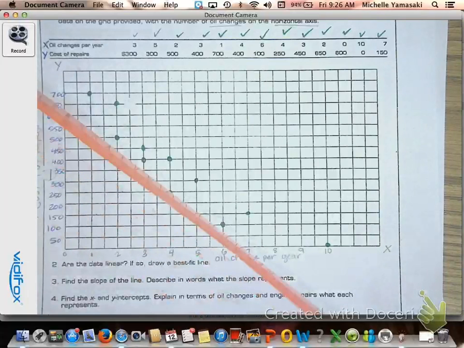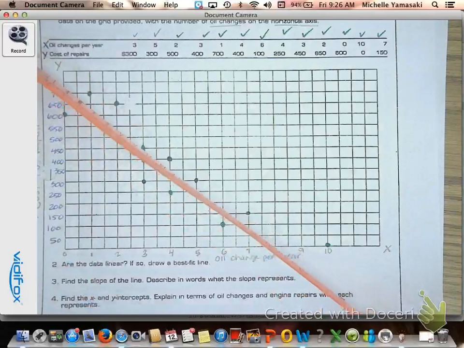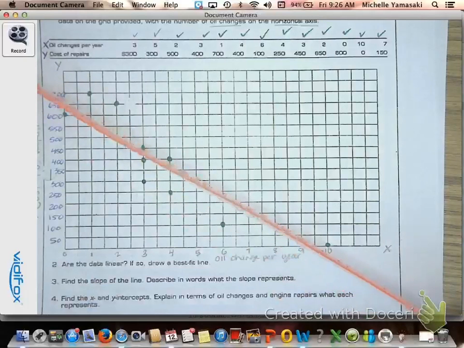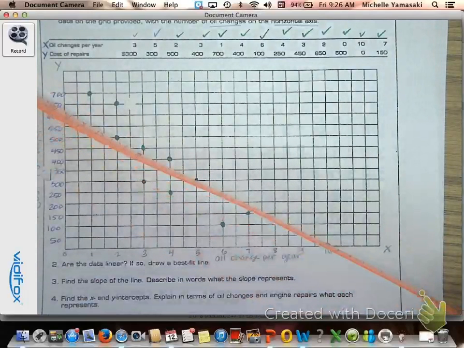Now, as I place my line of best fit, I want to place it in the middle. Pretend like this is our piece of metal, and where can I place it? Well, I'll get the most amount of points.